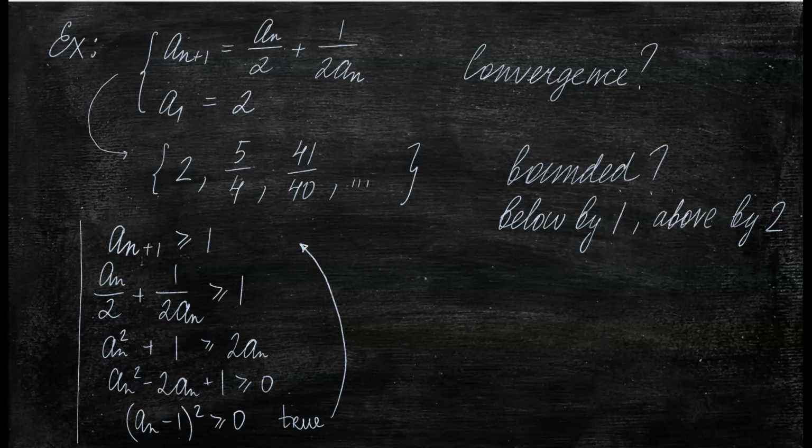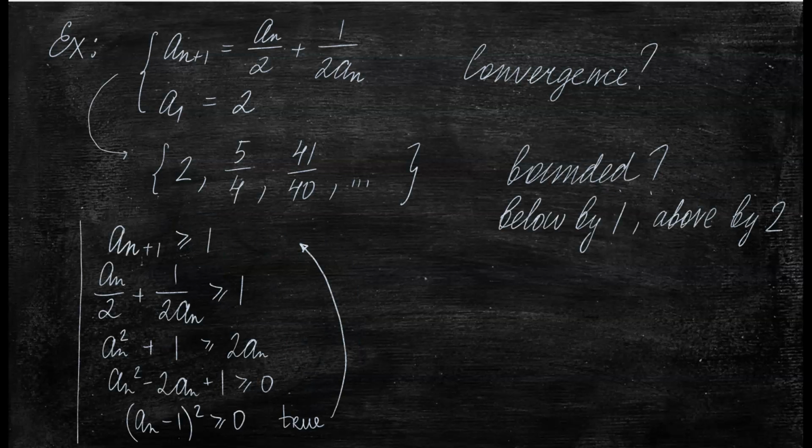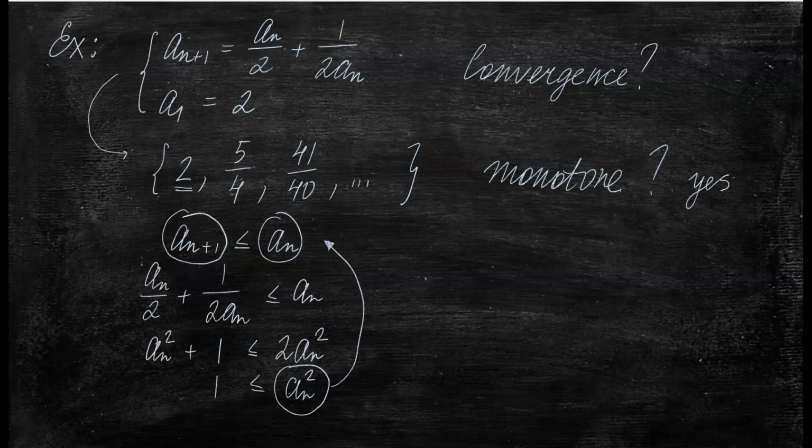Now let's go back over here. Now that we know that an is bounded below by 1, that means it's true for all an's, and therefore the successor will be less than the predecessor, which convinces us that this sequence is monotone. And not just monotone, it's monotonely decreasing, right?